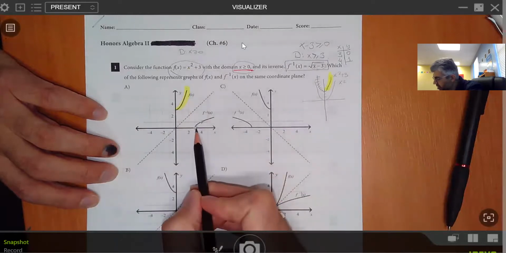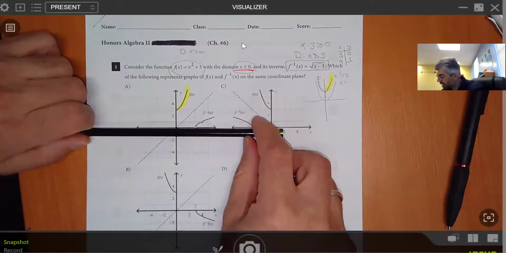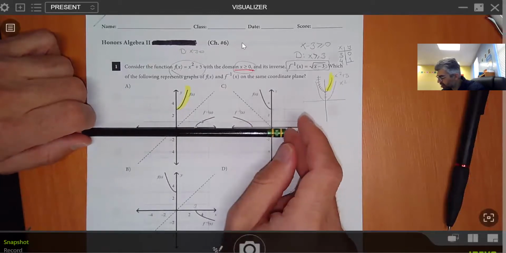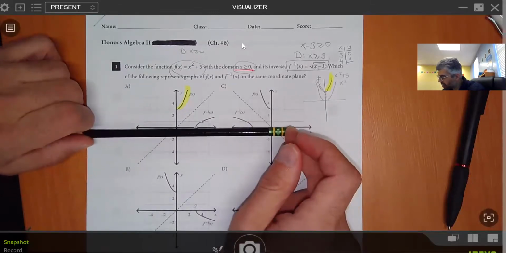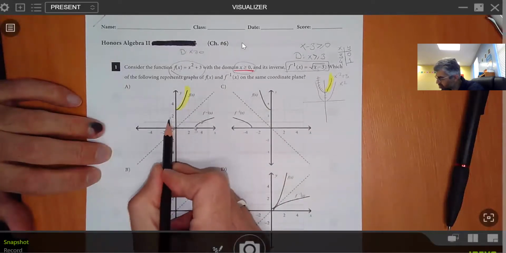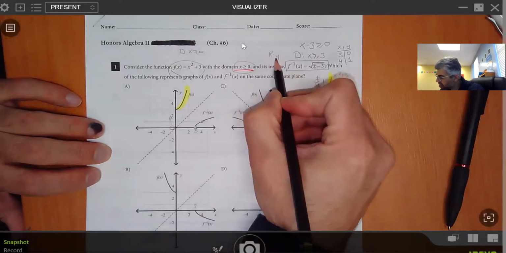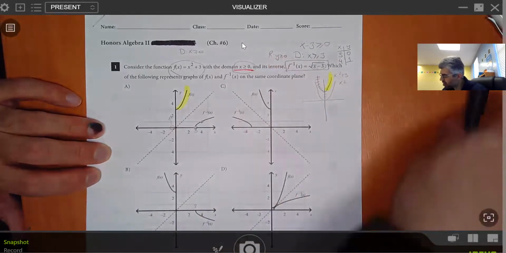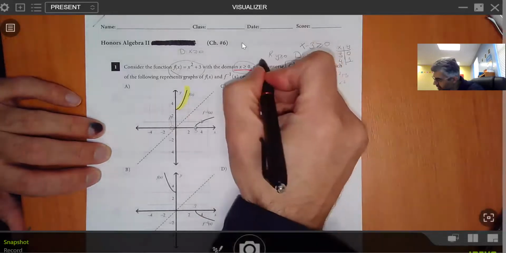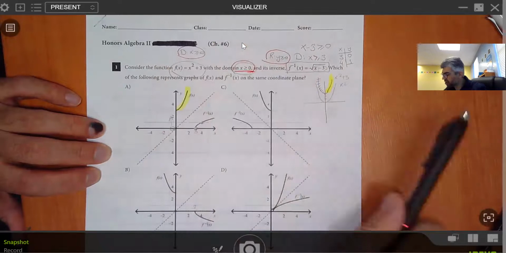What is the range of the inverse function? You see, we don't have any graph below the x-axis. So the minimum y value here is 0 or up. So the range here, y greater than or equal to 0. Now look at here. Range of the inverse is domain of the original function.